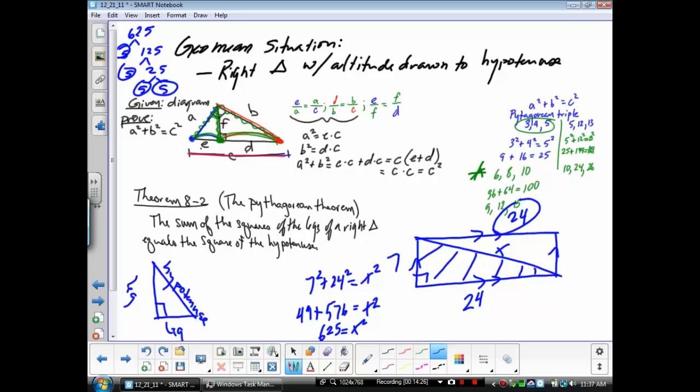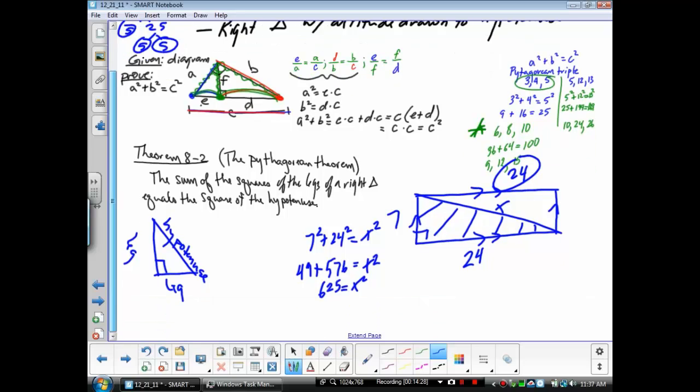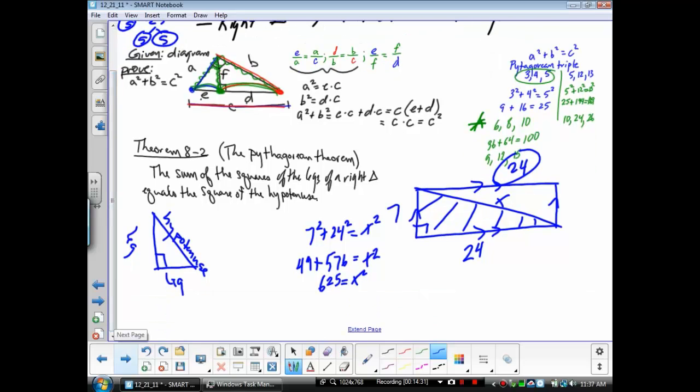So the square root of 625 will be the square root of 25 times the square root of 25. So 5 times 5, which means that this length right here is 25.